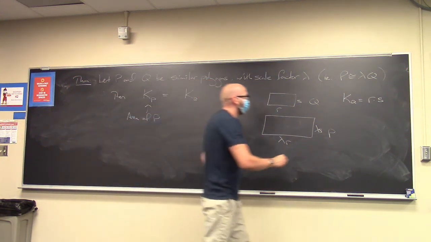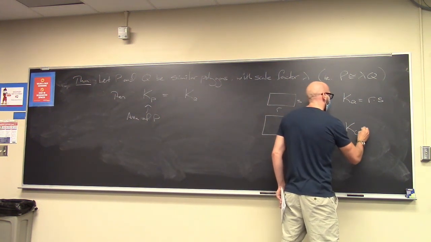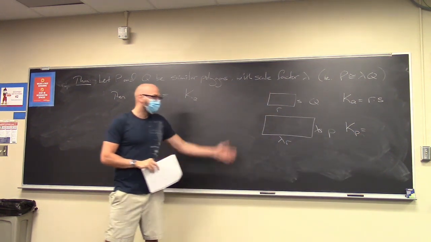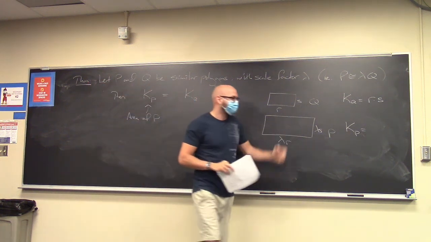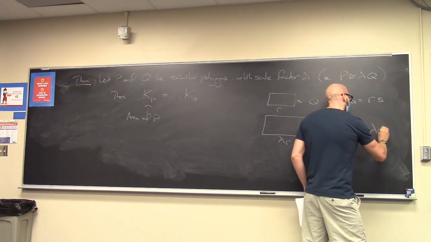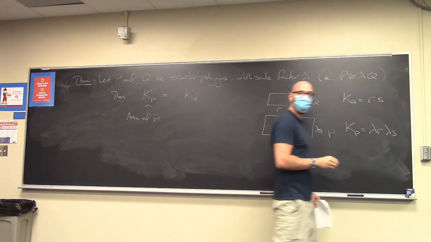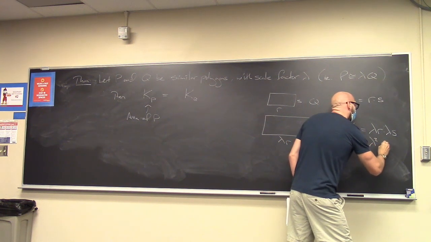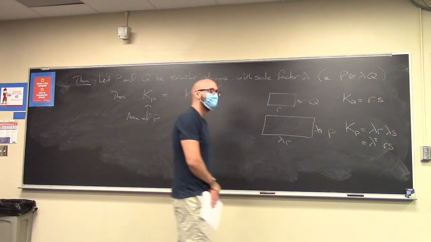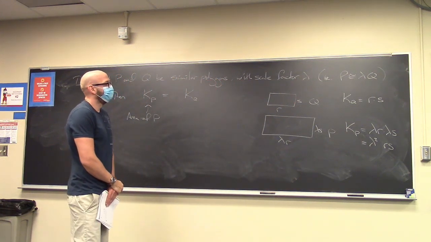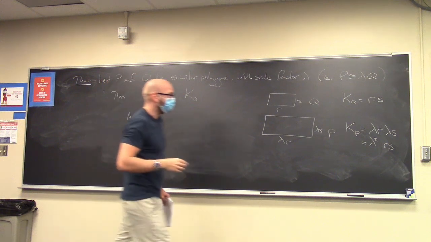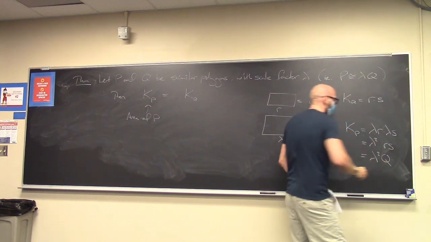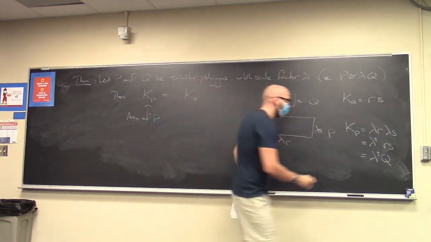What about P? What's the area of P? Again, it's a rectangle, so it'd just be lambda R times lambda S. Or I can factor out the lambdas, and I have lambda squared times RS. Well, RS was the area of Q, so this is lambda squared times kappa of Q.